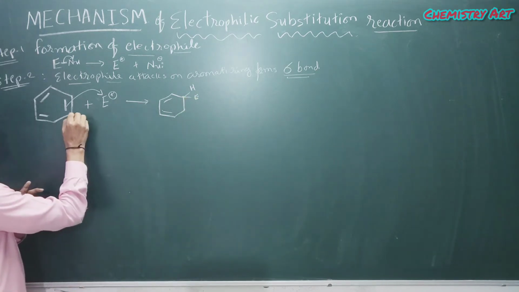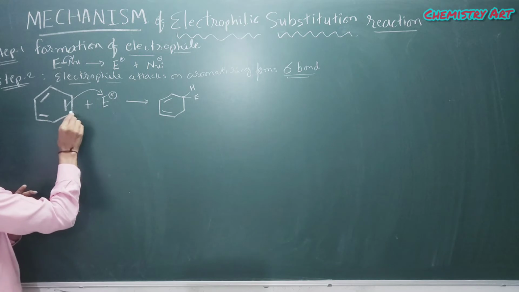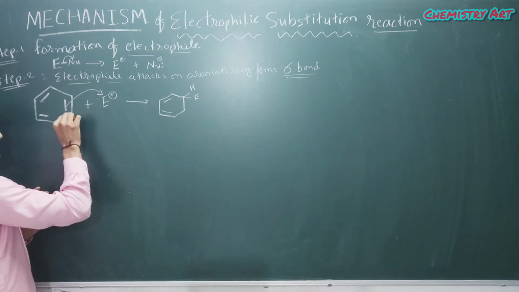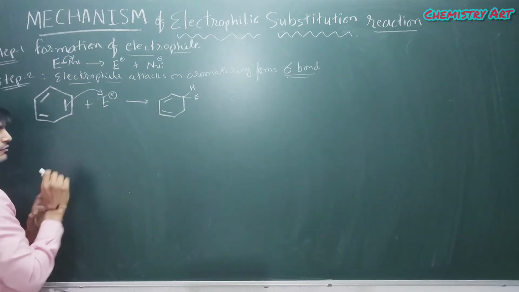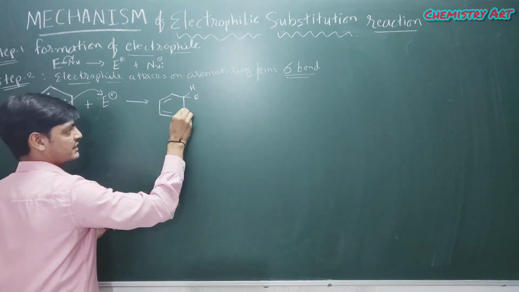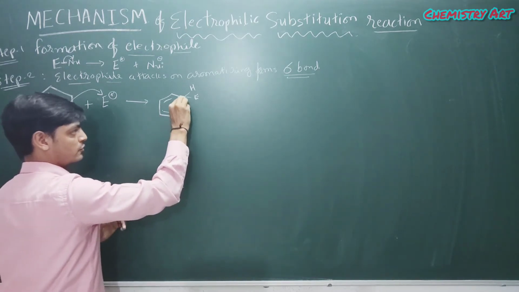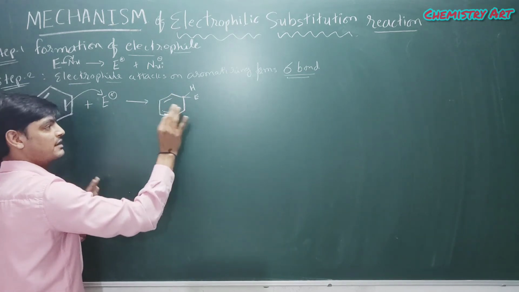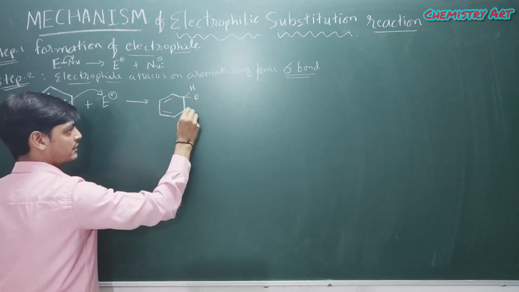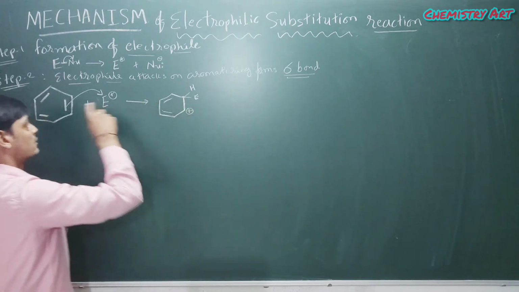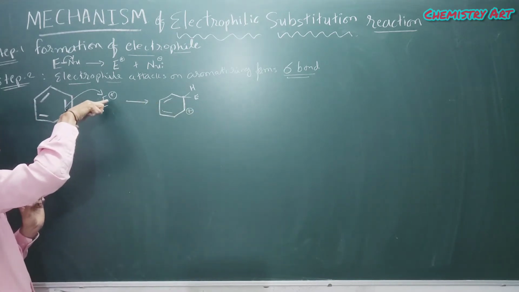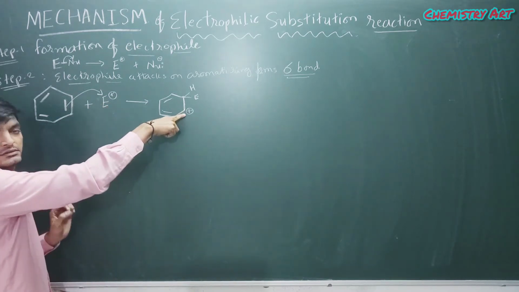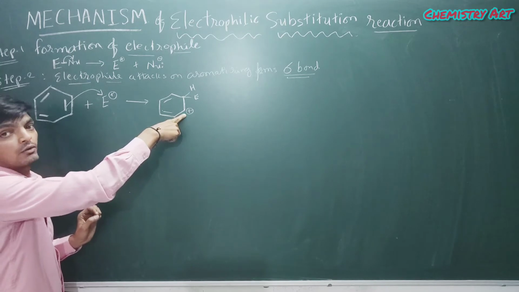But what about this carbon? This carbon had a valency of 1, 2, 3 and 1 hydrogen, 4. But now here you can see 1, 2 and 3 hydrogens. Here no pi bond is there, and the electrons have moved towards the electrophile, and that is why this carbon is now a carbocation.